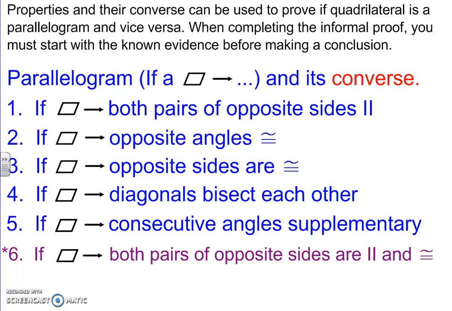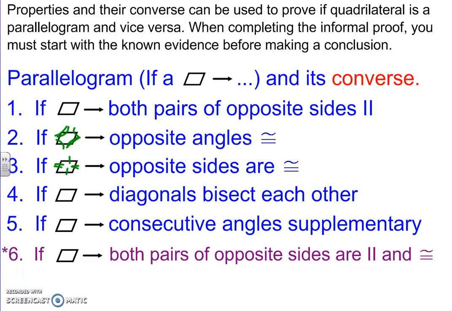So if it is a parallelogram, both pairs of opposite sides are parallel. If it's a parallelogram, then the opposite angles are congruent. That tells us here, when we talk about opposite angles, we can here and here. If a parallelogram, opposite sides are congruent.